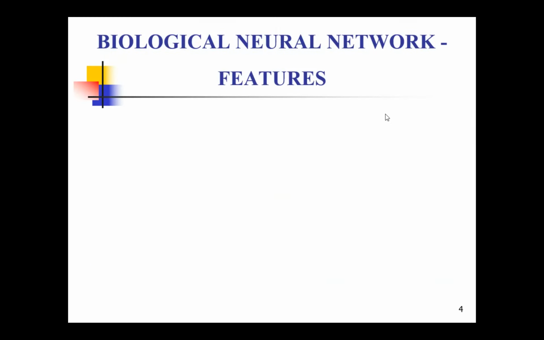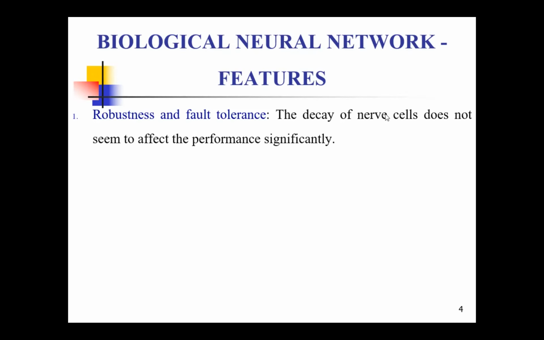So what features do these biological neural networks generally have? They are robust and fault tolerant. For example, with age, the decay of nerve cells takes place, but a significant difference in performance cannot be observed.